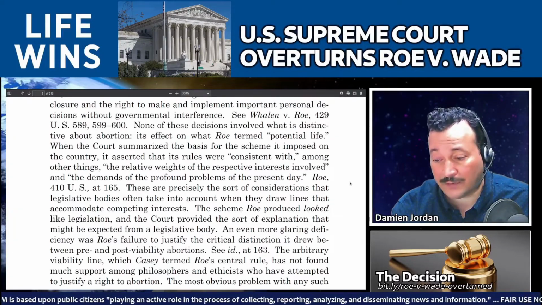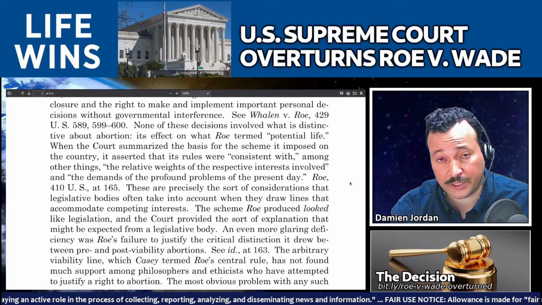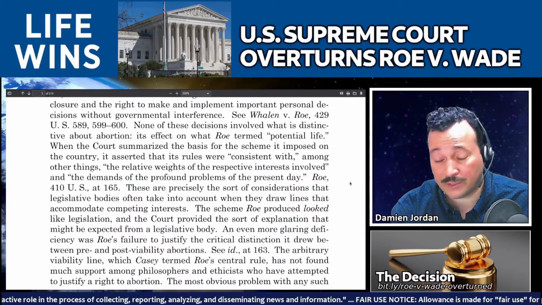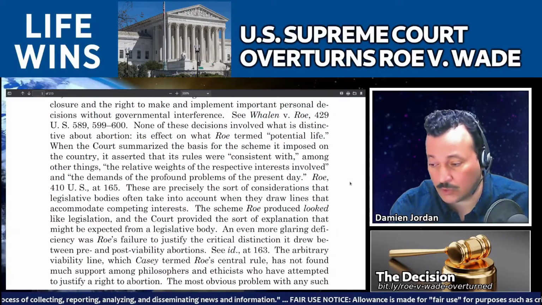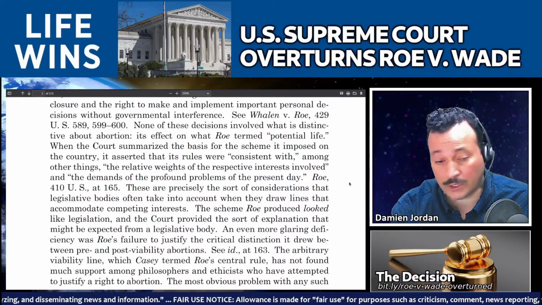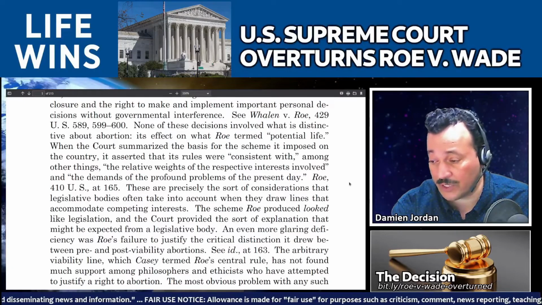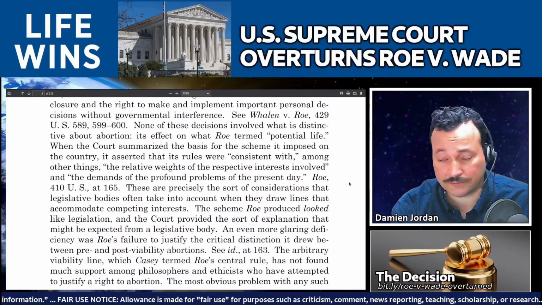An even more glaring deficiency was Roe's failure to justify the critical distinction it drew between pre- and post-viability abortions. The arbitrary viability line, which Casey termed Roe's central rule, has not found much support among philosophers and ethicists who have attempted to justify a right to abortion.